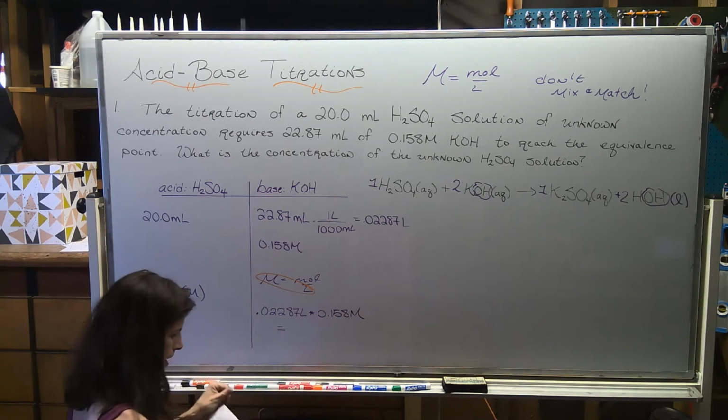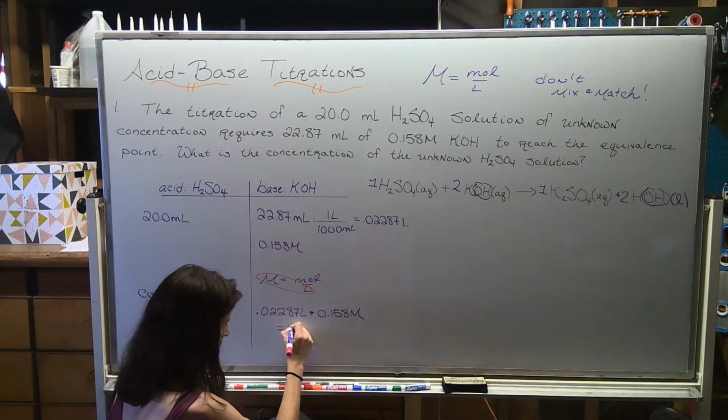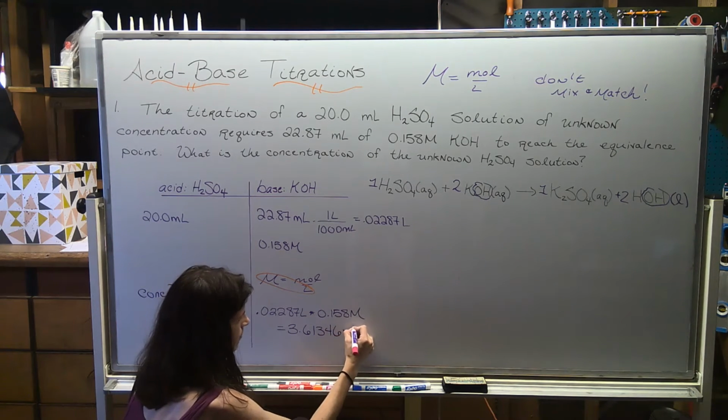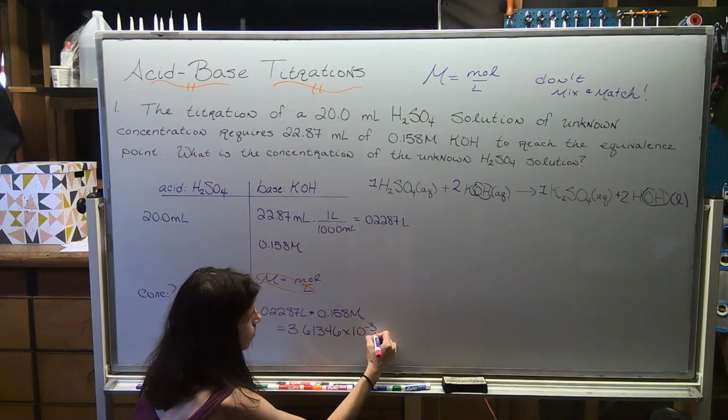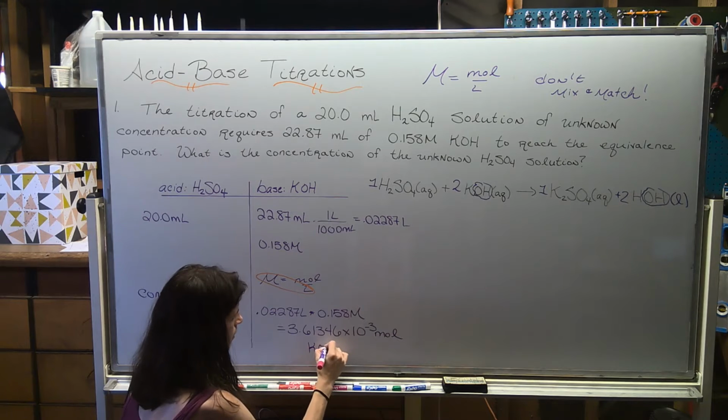And when I did that earlier, I got, keep all these digits till the end, 3.61346 times 10 to the negative third moles. And that's going to be moles of potassium hydroxide.